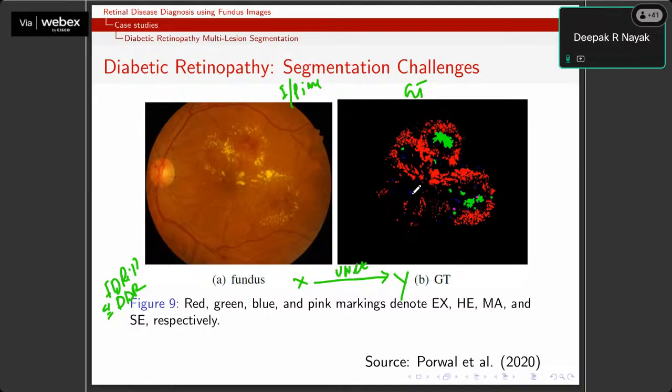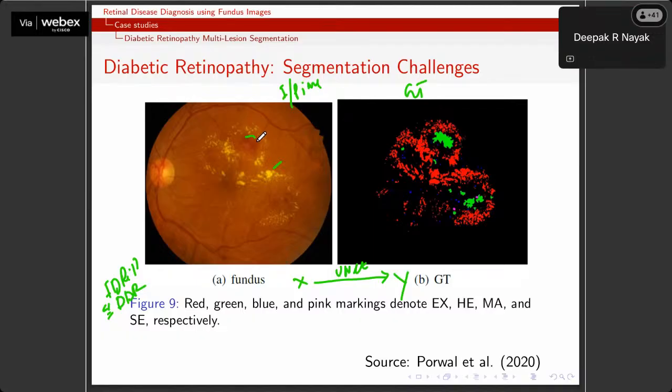But if you look here, we are representing all the lesions in 4 different colors: red, green, blue, and pink. The red basically denotes the hard exudates, which are really visible over here. As I already mentioned, this dark yellow color points to the soft exudates. And hemorrhages are here.